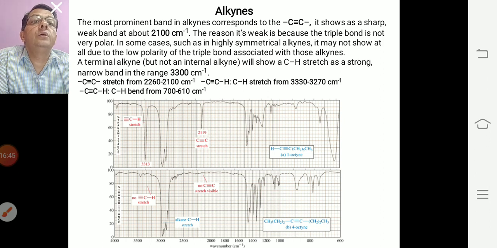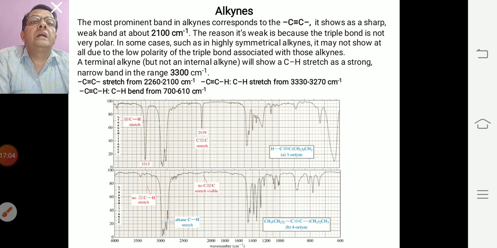As you see in the spectrum, a terminal alkyne but not an internal alkyne will show a CH stretch as a strong narrow band in the range of 3300 per centimeter.